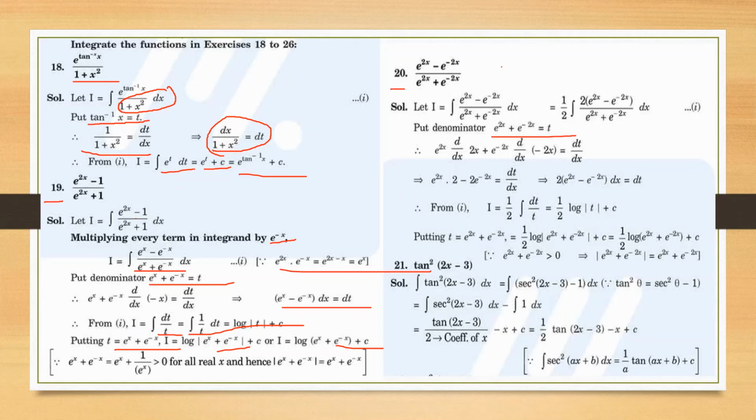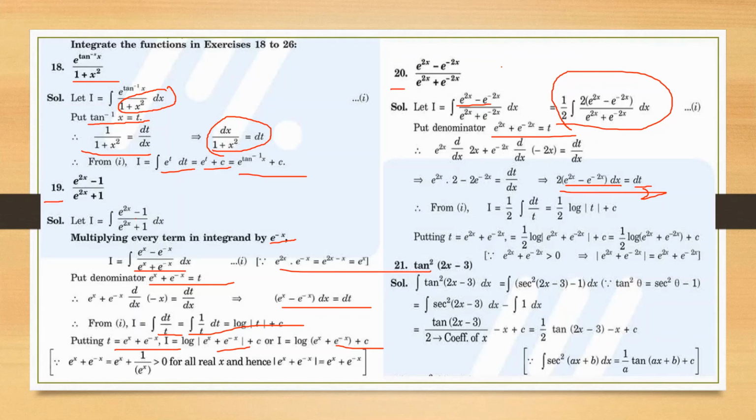And if I have not multiplied and divided, if it is like this also, you know that I'll find out the value of this and this 2 will go downside here and it will become dt by 2, right? So automatically this 2 will come. So there is no need to learn or cram that you should multiply and divide by 2. Okay, so after substitution, it becomes dt because this is complete dt. And this is half by t, so it is half log mod t. Now you put the value of t and you will get the answer.